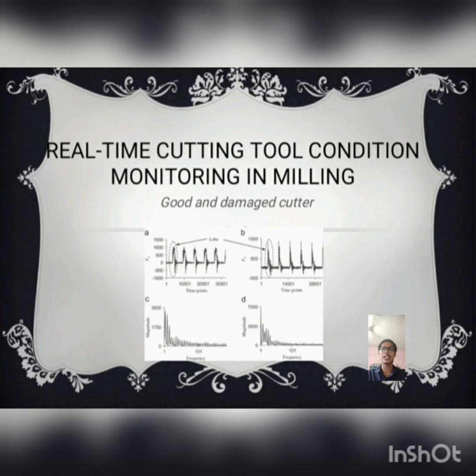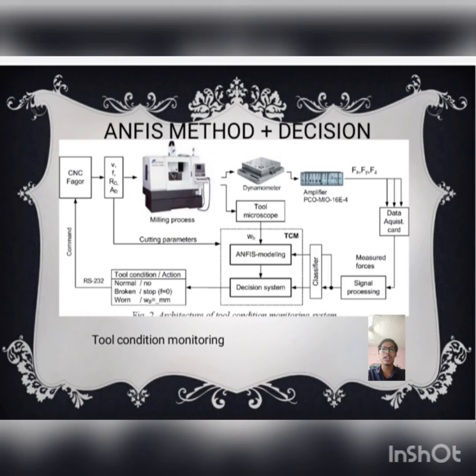The original contribution of the research is the developed monitoring system that can detect tool breakage in real time using a combination of a neural decision system and an ANFIS tool wear estimator. The principal presumption was that force signals contain the most useful information for determining the tool condition. Therefore, the ANFIS method is used to extract the features of tool states from cutting force signals.